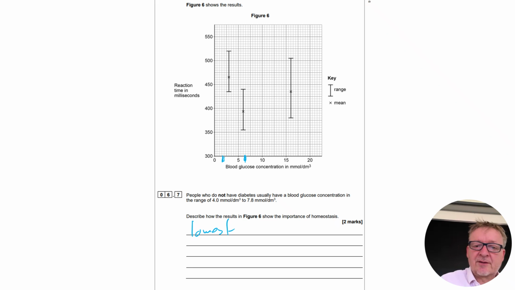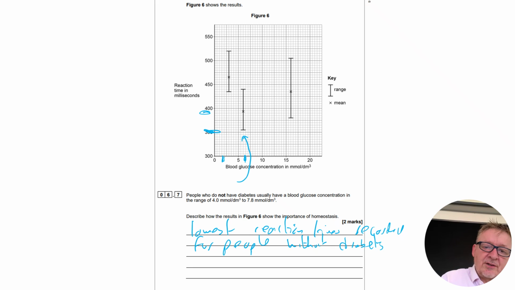So if you look at it, that's the lowest there. Okay, that's the lowest mean. All right, the lowest reaction times are recorded for people without diabetes, okay, which is this section here.